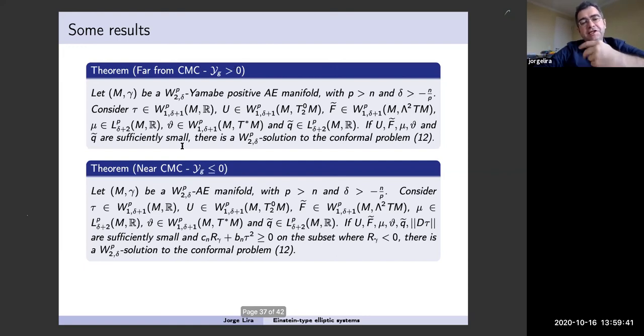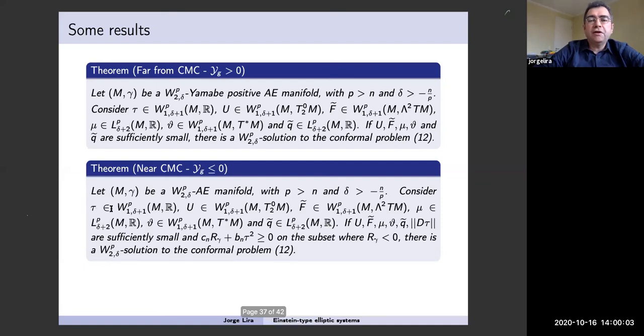The other possibility is you do not have that, so you have a non-positive, say, Yamabe invariant, but in that case, you just impose that you have a small mean curvature, not necessarily constant, but small. In that case, again, you impose that condition.